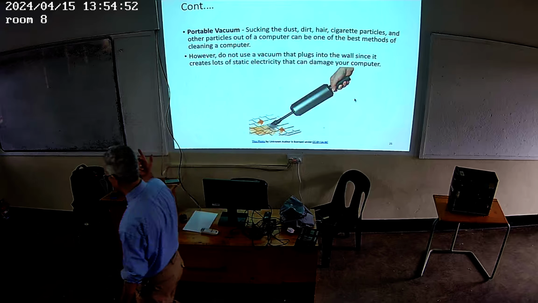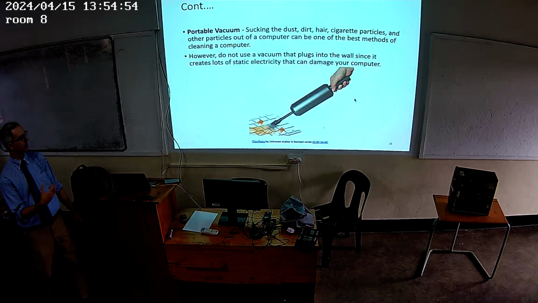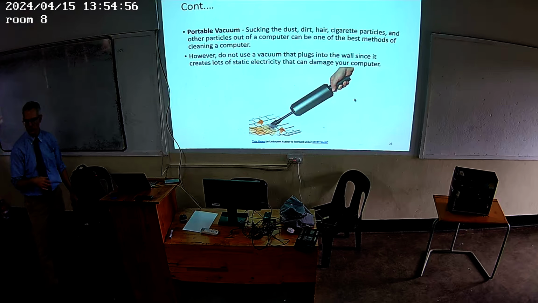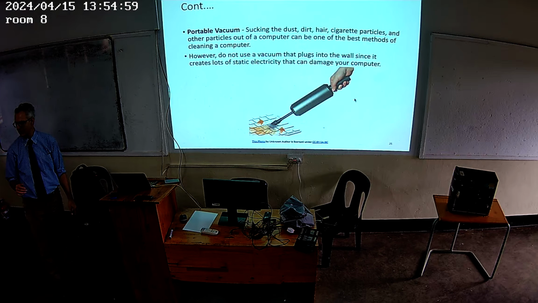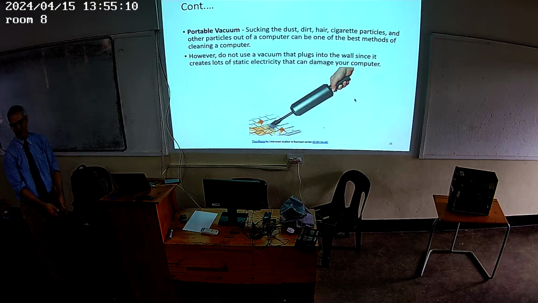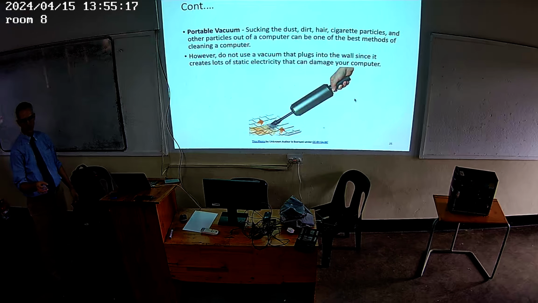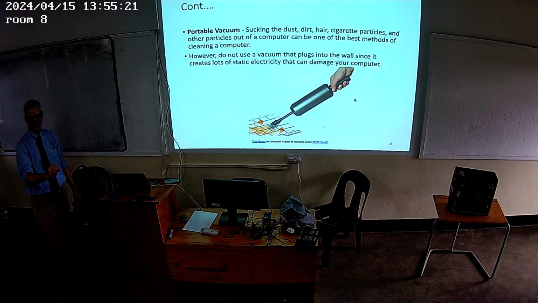Because it generates static electricity. You know what is static electricity? Do you ever touch a doorknob, like a metal doorknob, and get a shock? Has that ever happened? That's static electricity.